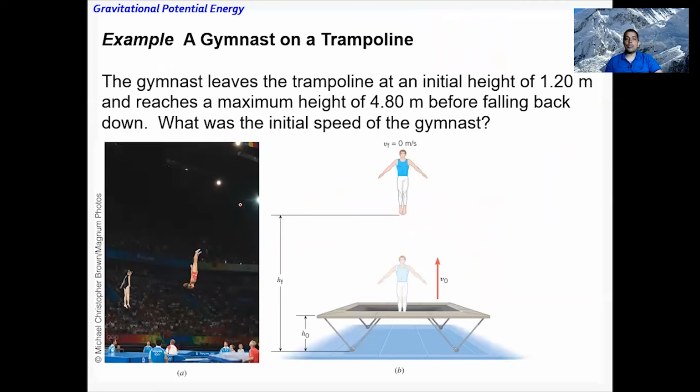So let's do an example here. A gymnast on a trampoline. The gymnast leaves the trampoline at an initial height of 1.2 meters and reaches the maximum height of 4.8 meters before falling back down. What was the initial speed of the gymnast? Okay.